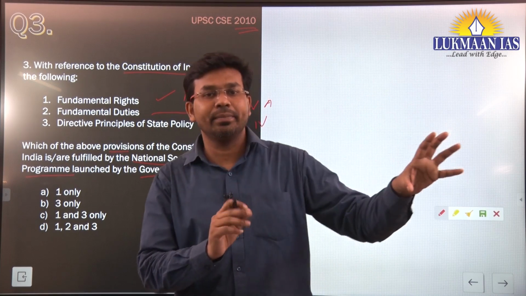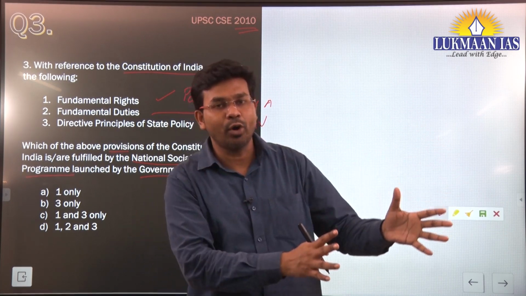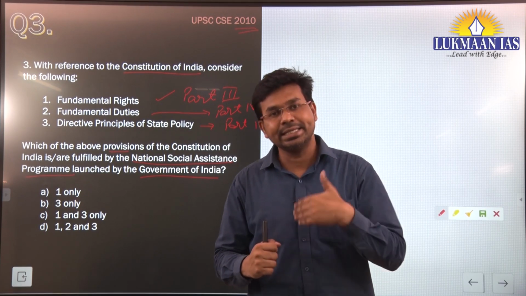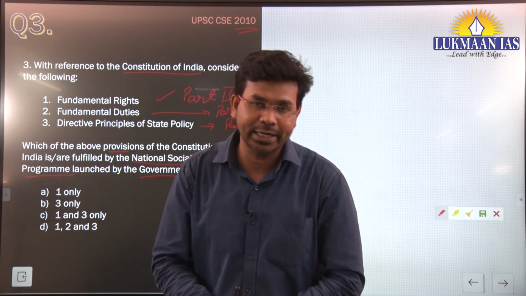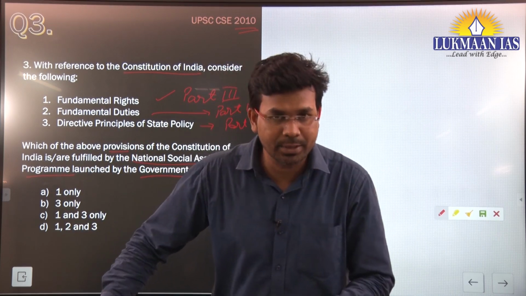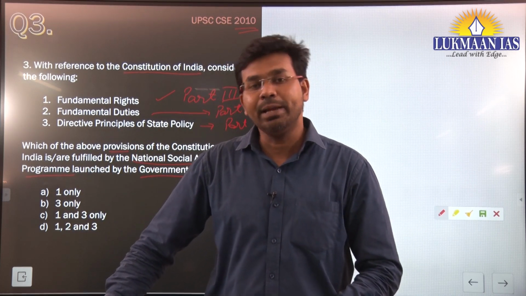When legislatures make a law they keep these in mind, and when executives implement those laws, they also keep in mind that the provisions of the directive principles of state policy are being implemented.